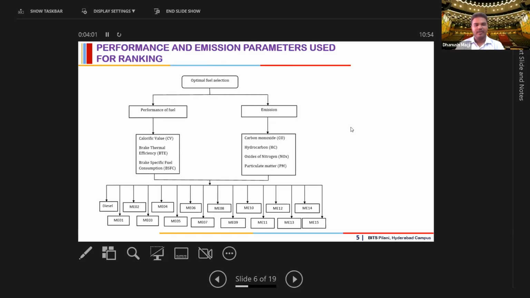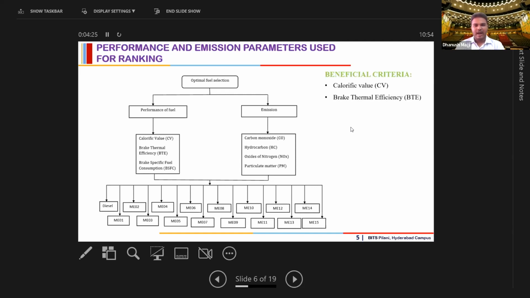The fuel samples are evaluated and ranked based on the performance and emission parameters. The performance parameters include calorific value, brake thermal efficiency, and brake specific fuel consumption, while the emission parameters include emissions of carbon monoxide, hydrocarbon, oxides of nitrogen, and particulate matter.